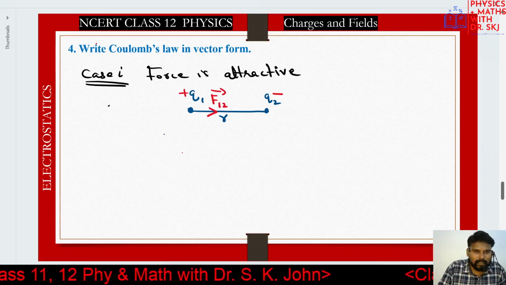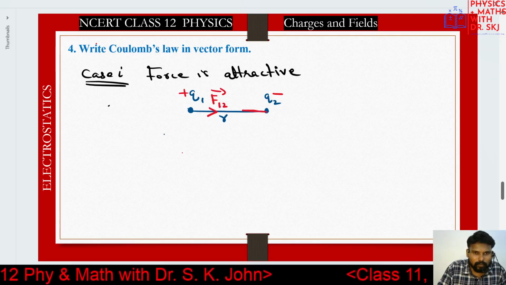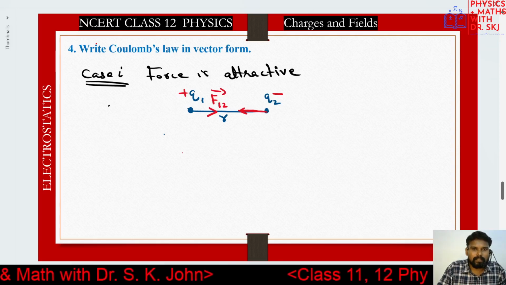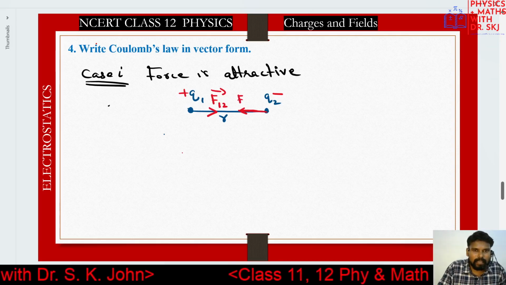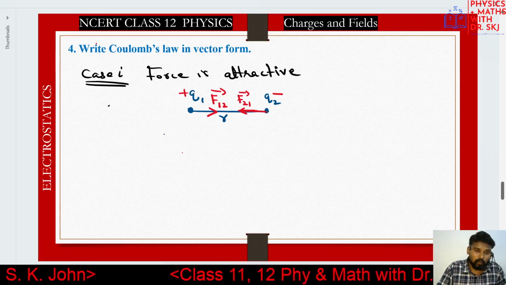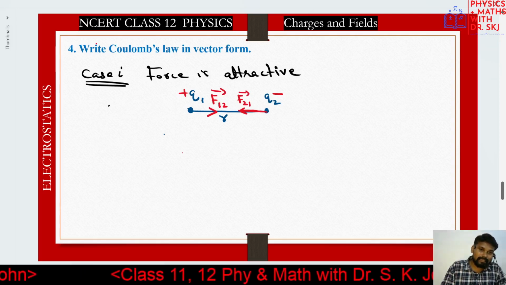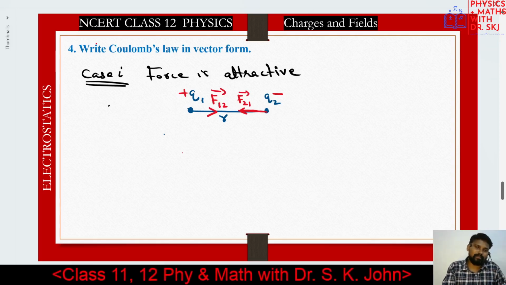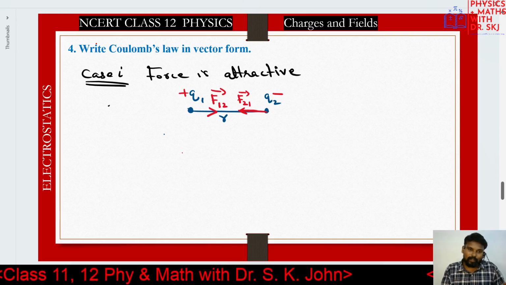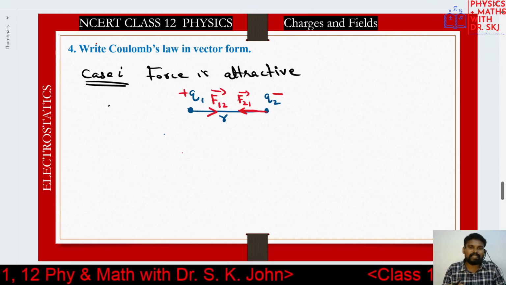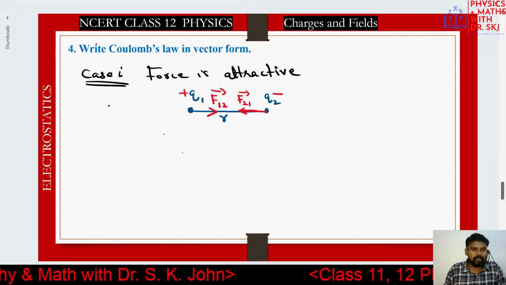And the force experienced by Q2, that also is attraction towards the side of Q1. It is F21. Force acting on Q1 is F12 and force acting on Q2 is F21.